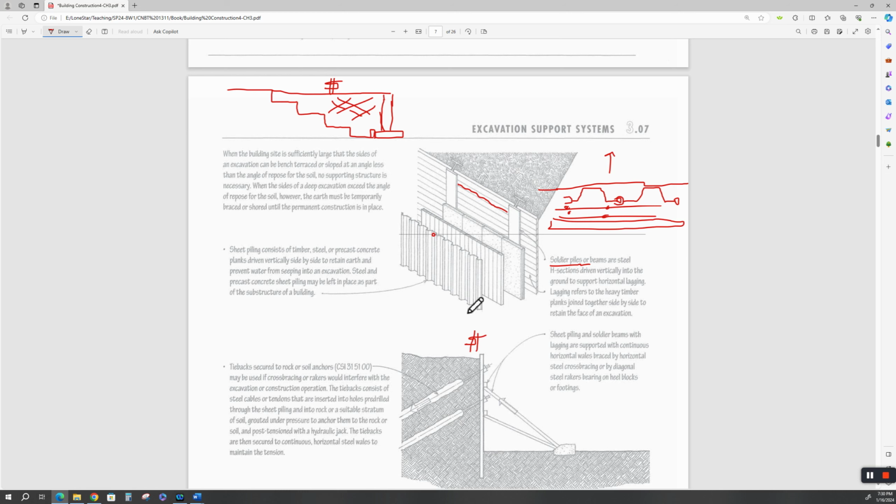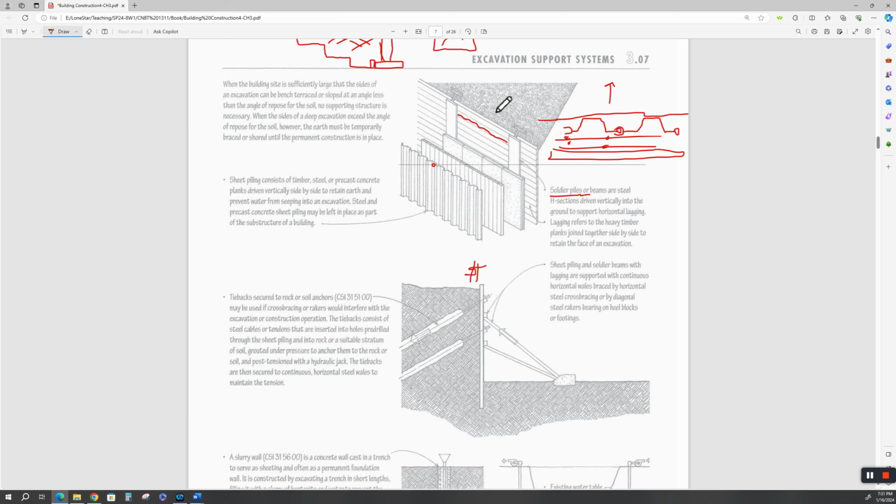It may be more cost effective just to drive a sheet pile wall around your excavation, down to the depth that you need, and excavate all the dirt out of this, and then do your construction inside your caisson or your sheet pile box.